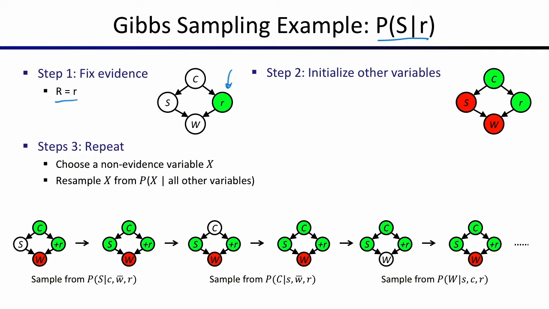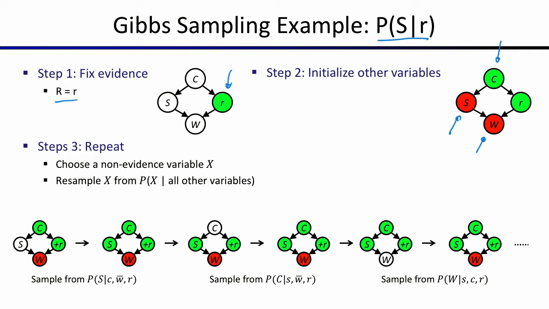And we go to the second step that will initialize all the remaining variables. So I'm going to give values for the remaining variables. We need to decide how to do this, but for instance, we could give random values for each variable. There are better options than this one, and we're going to discuss them later on in the next slides.